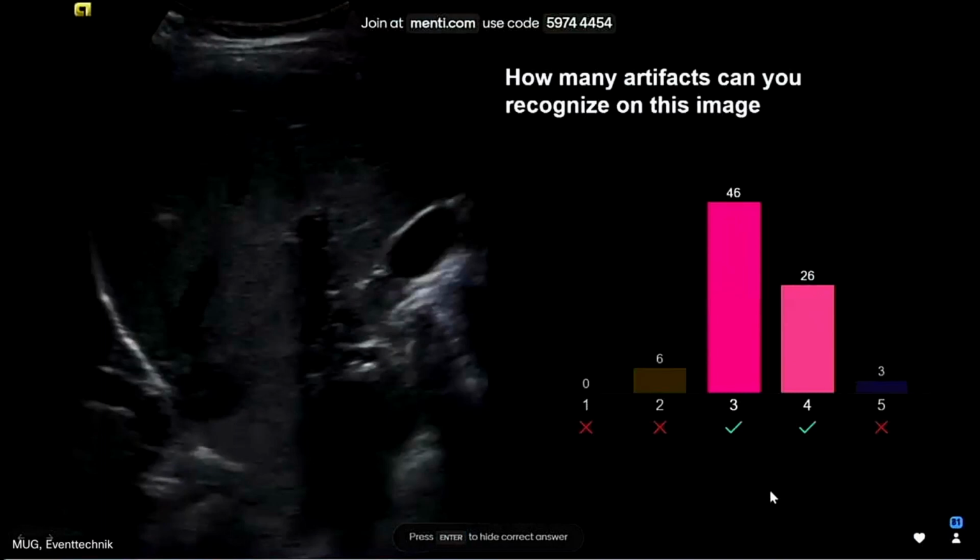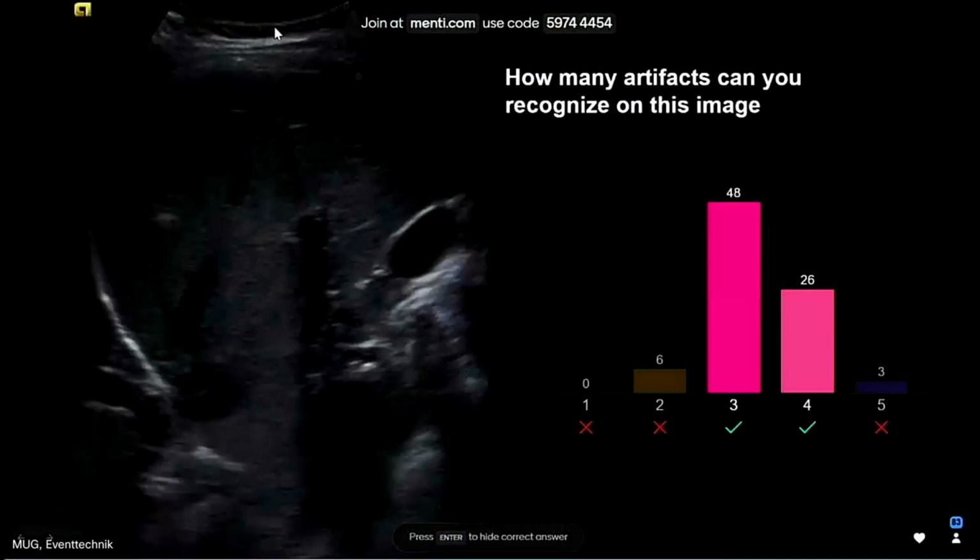Actually, we see 4 artifacts, but whoever found 3 would get the point. In this image, most would recognize the mirroring artifact of this vessel in the liver. Again, we have the liver, we have the diaphragm, and the mirror. Here we have a cystic structure, or again a vessel, and we have dorsal enhancement.